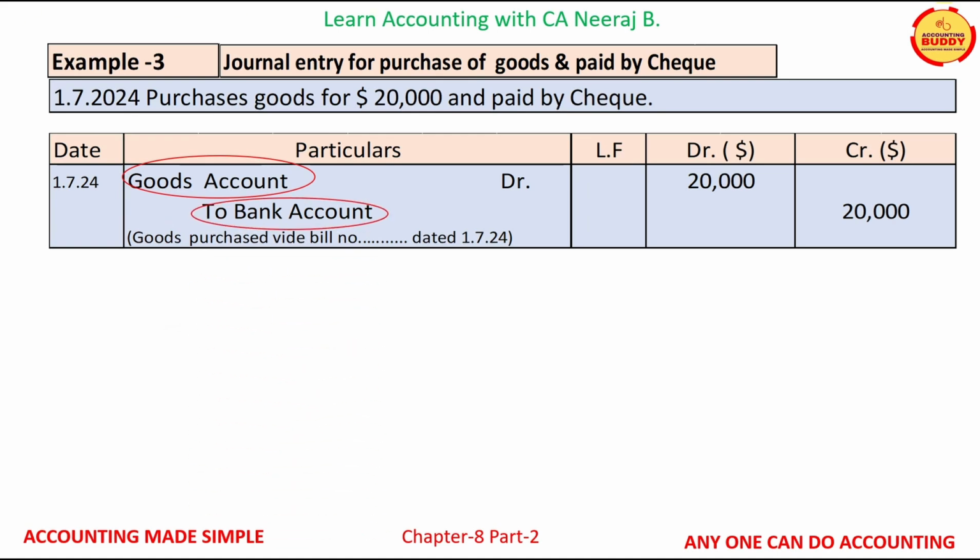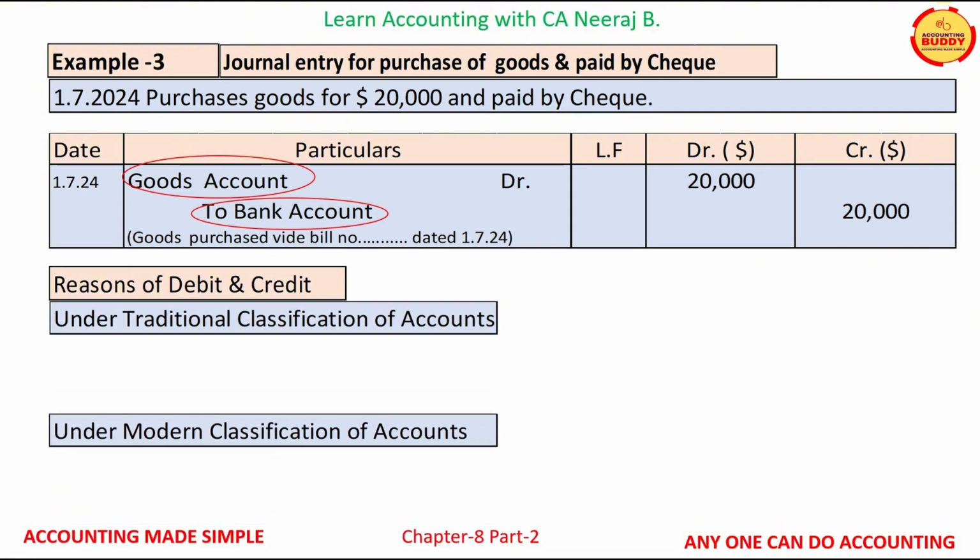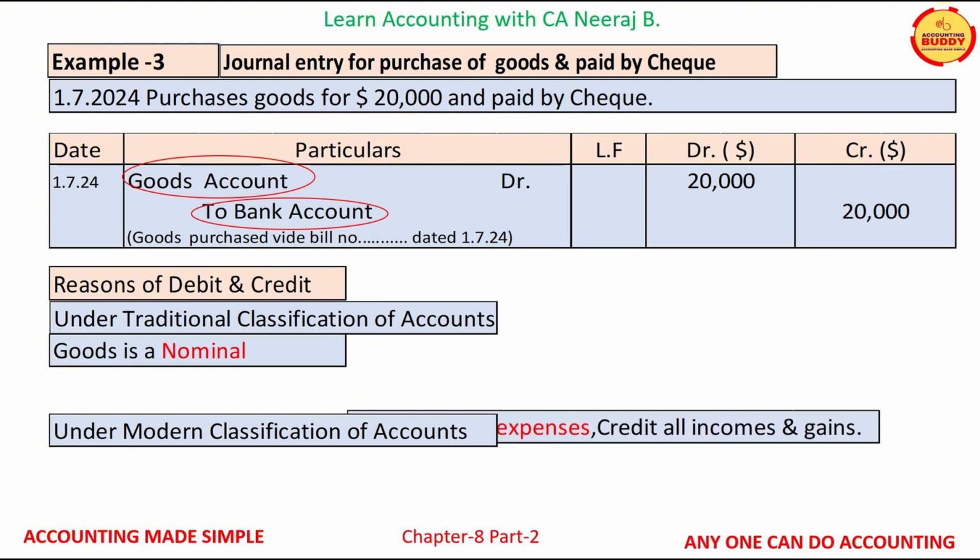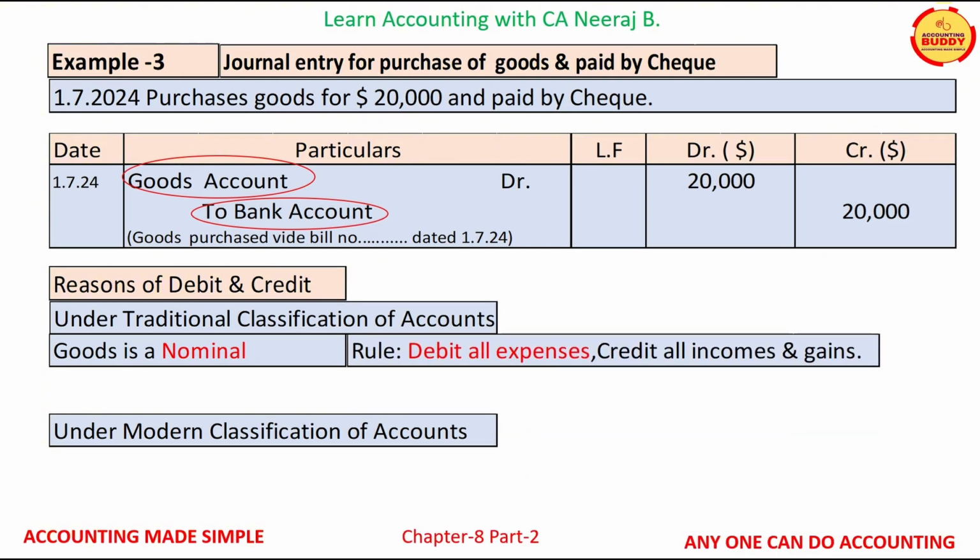Let us now understand the reasons of debit and credit for this transaction under traditional classification of accounts and under modern classification of accounts. Under traditional classification of accounts, goods is a nominal account. Therefore, as per nominal account rule, debit all expenses and credit all incomes and gains.